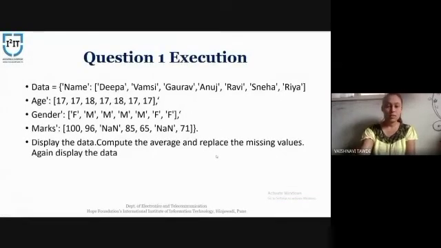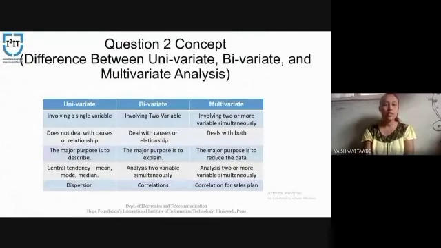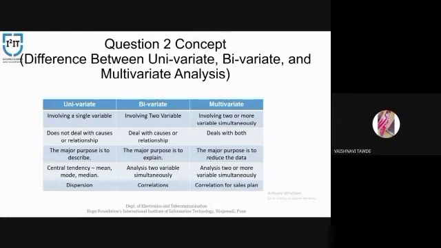This is the question: the difference between the univariant, bivariant, and multivariant. In statistics, there are three kinds of techniques that are used in the data analysis, that are univariant, bivariant, and multivariants. So let's understand what is the univariant analysis. Univariant analysis is a basic kind of analysis technique for statistical data.